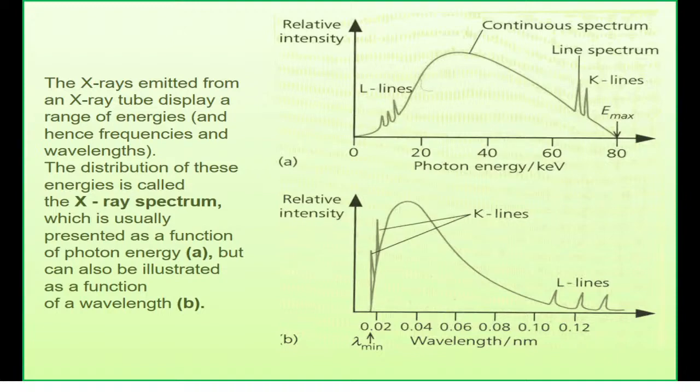The distribution of these energies is called the X-ray spectrum, which is usually represented as a function of photon energy, but can also be illustrated as a function of wavelengths. This is just the spectra of the X radiation.